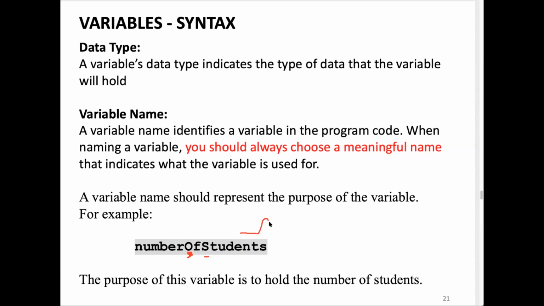It goes kind of like this, where we have a capital and then small letter casing. Sometimes in different companies, people use dashes, and sometimes people use underscores. So in this case, you can have num_of_students.